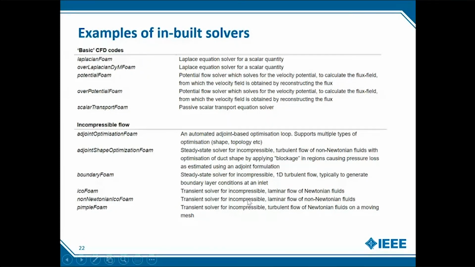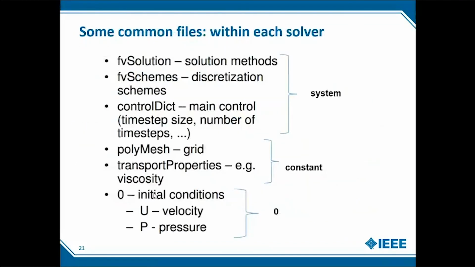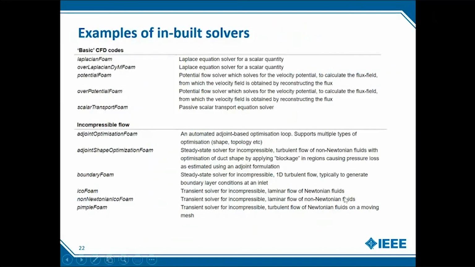But if you want to do the same thing for non-Newtonian fluid, you'll go to nonNewtonianIcoFoam. So based on each specification, there might be additional files, but these 3 basic files that I showed you will always be present in all the solvers. But there might be additional files because if you are specifying non-Newtonian fluid, you might have to specify the non-Newtonian property somewhere.